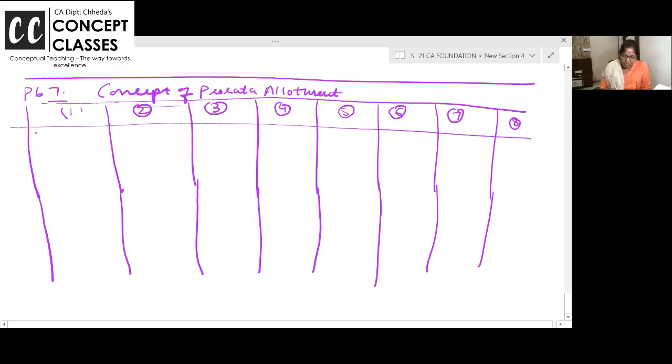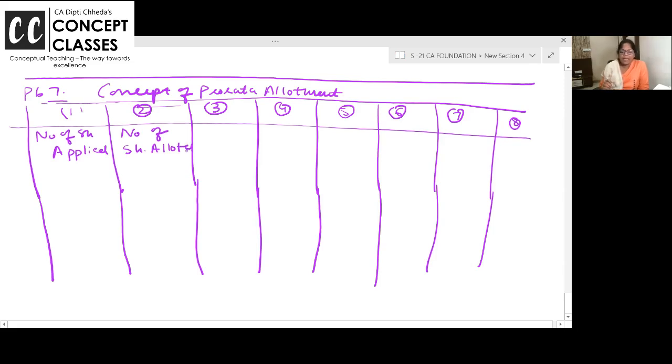First column, write down number of shares applied. Please write with me. Number of shares applied. Anytime if you feel I'm going fast, you can pause the video and do it. But generally I'm making you write very slowly only. Number of shares allotted.